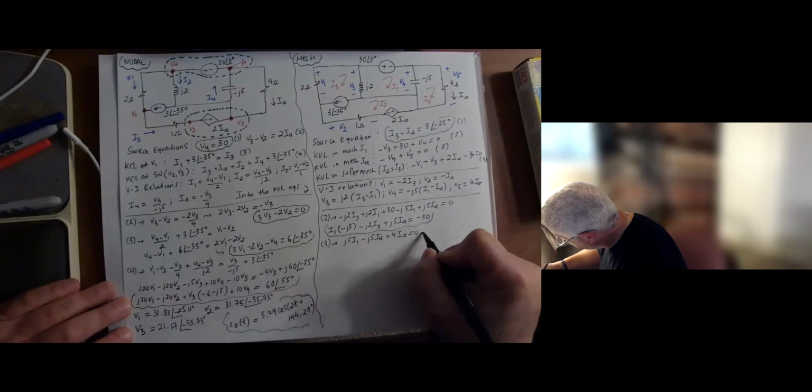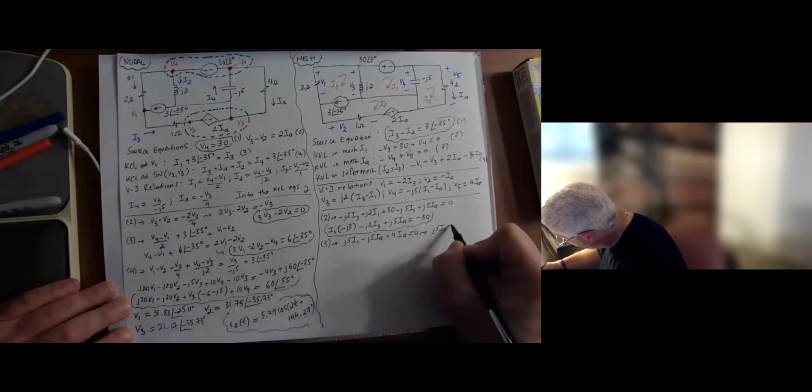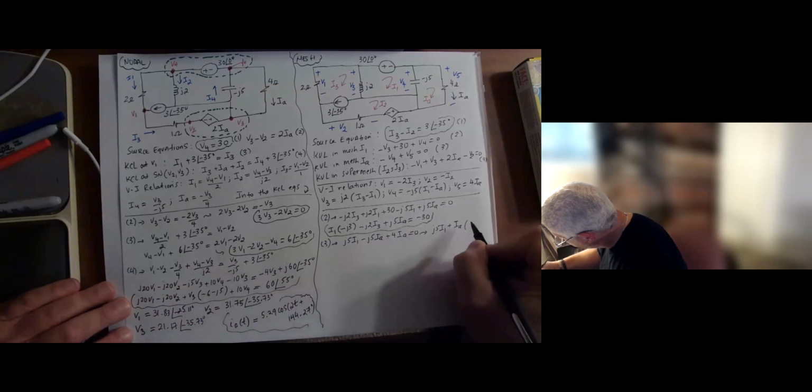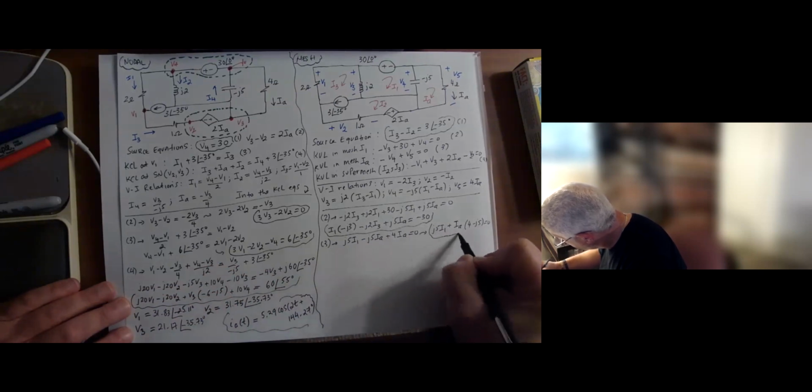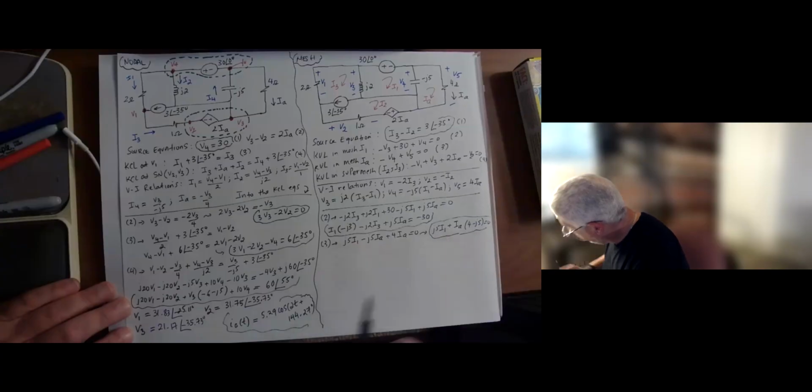So what we have here is J5I1 plus IA times 4 minus J5 equals 0. That's equation 3.